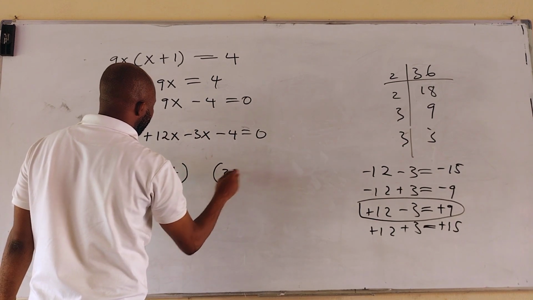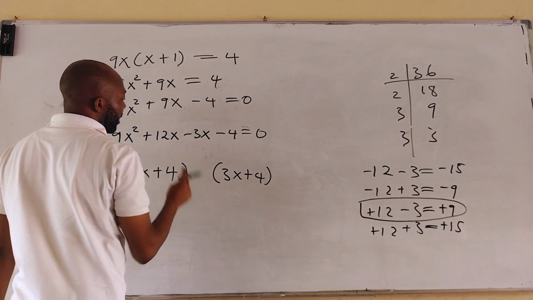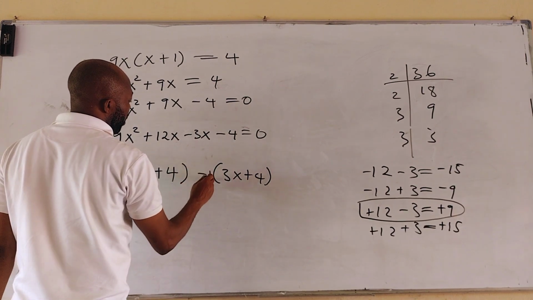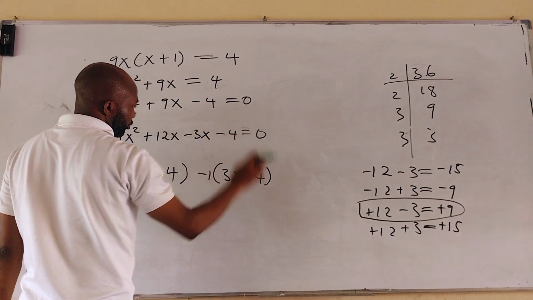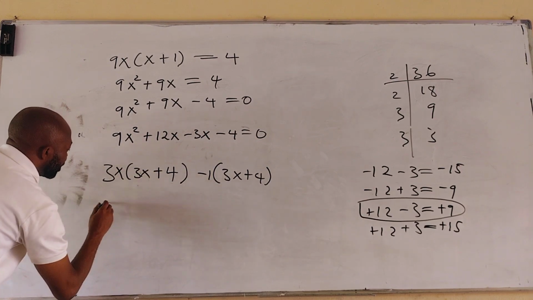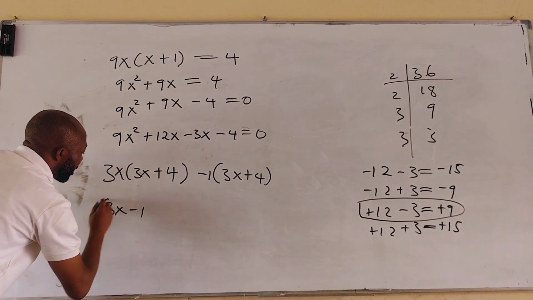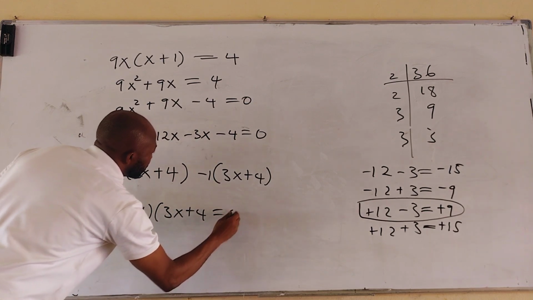What I have inside again is 3x plus 4. Now minus 1 times 3x is minus 3x, minus times plus is minus. So now bring out the ones outside, which is 3x minus 1 and 3x plus 4. This is equal to 0.